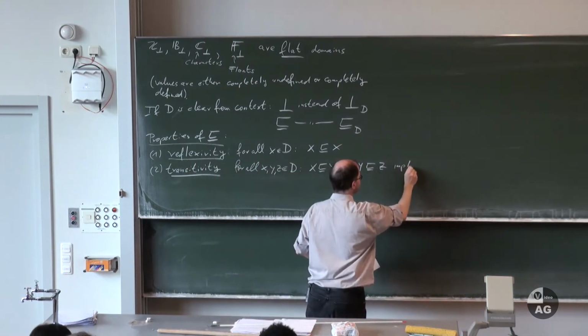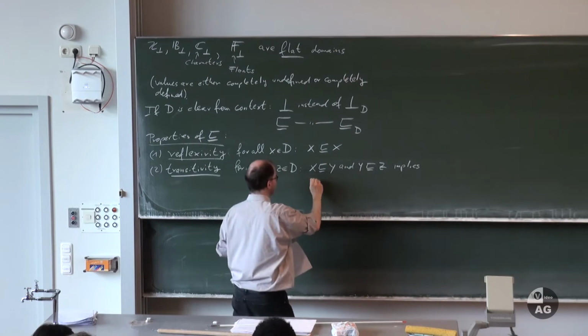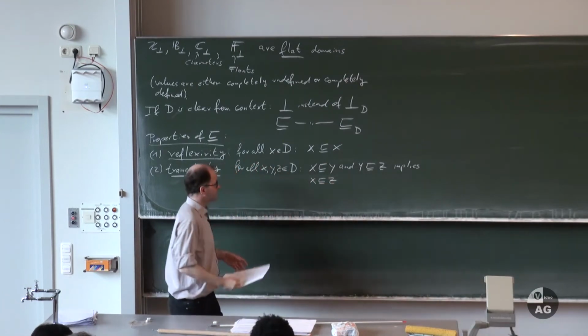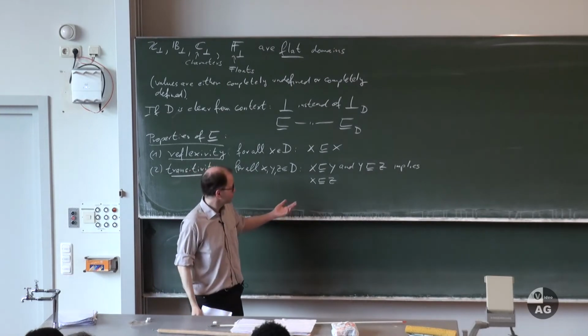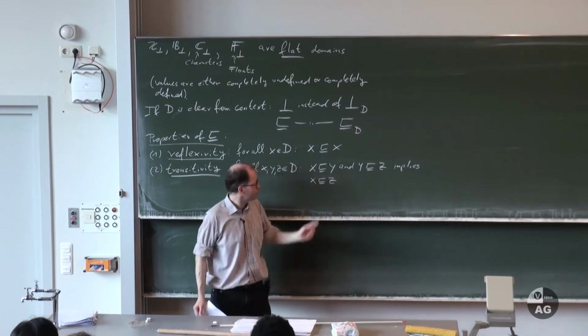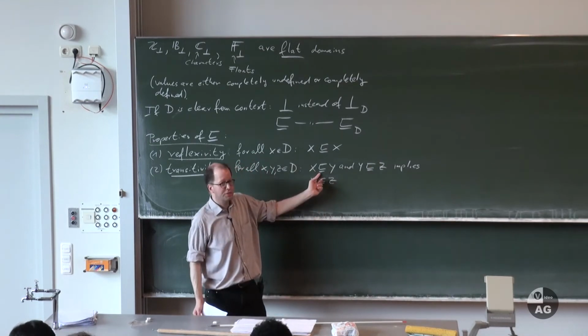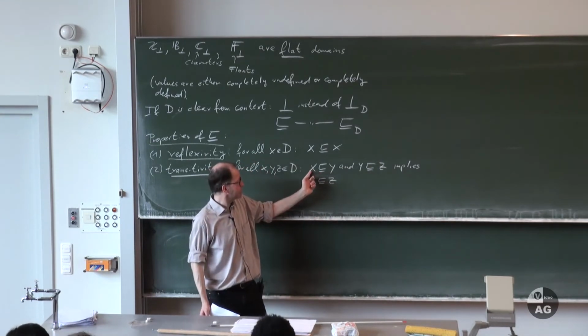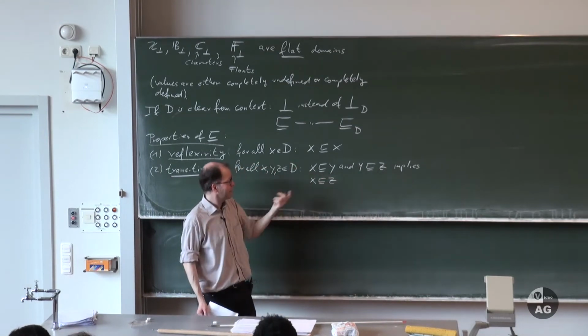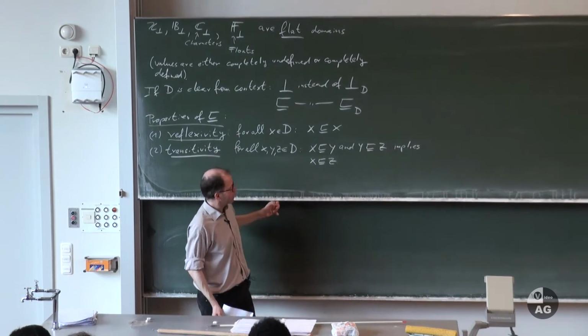Well, why is that true? If we have equality for one of these two relations, then it's clear. Otherwise, x is really less defined than y, and y is less defined than z, so x must be less defined than z as well. So that looks plausible.